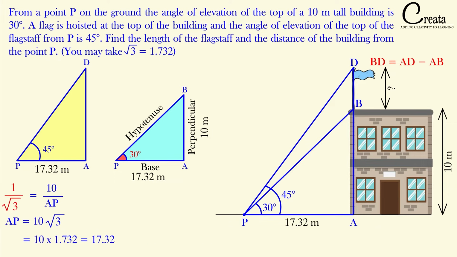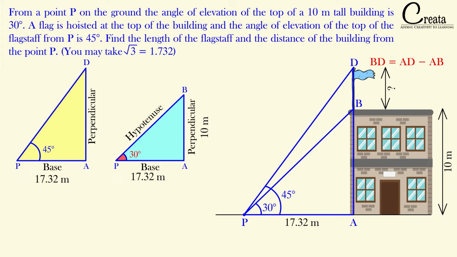Got it? Now let's take the big triangle, which will help us in finding the length of the flag staff. Here for this triangle, AD is the perpendicular and AP is the base. And base in both the triangles are common. So let's put AP or the base as 17.32 meter, the same base of the previous triangle. Again, here the perpendicular and base are coming into the picture.